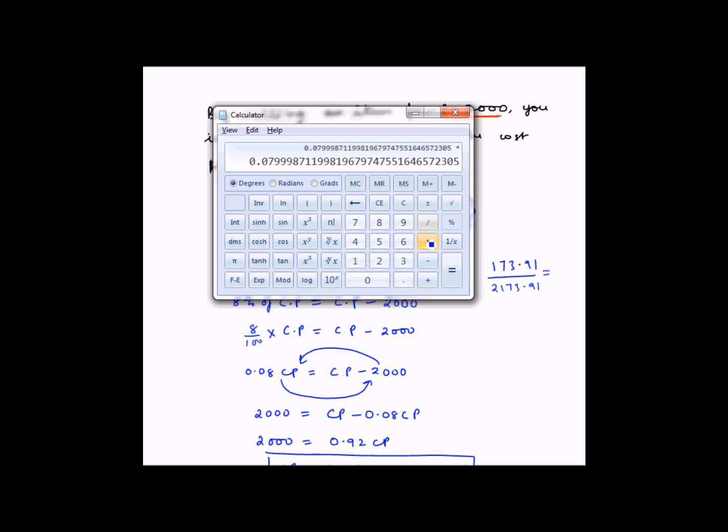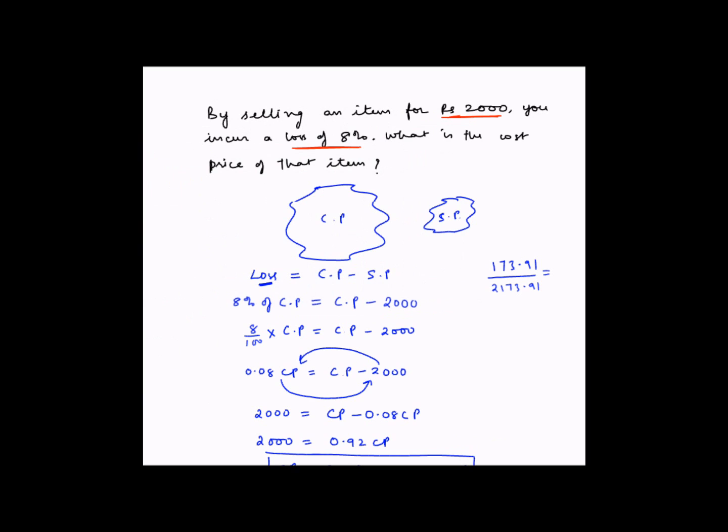So of course you multiply it by 100 to express in terms of percentage, and this comes to 7.999, which is very close to 8%. So this comes to around 0.079, and in terms of percentage it will be around 8%. So this is a quick validation that you can perform on your calculations.